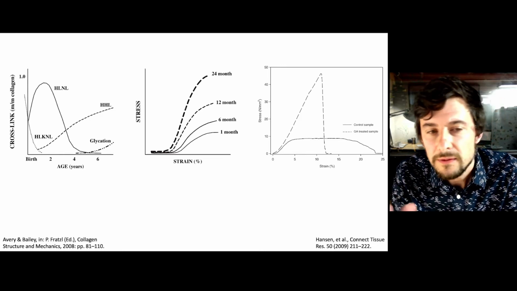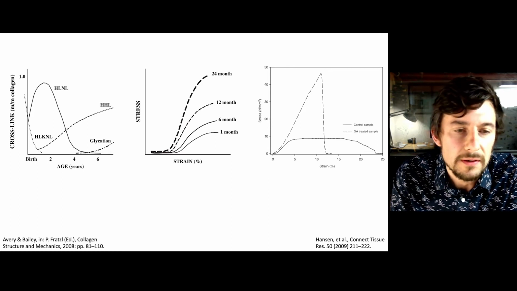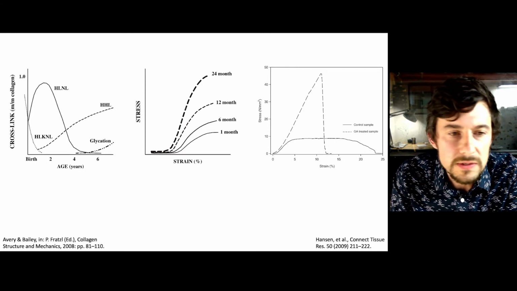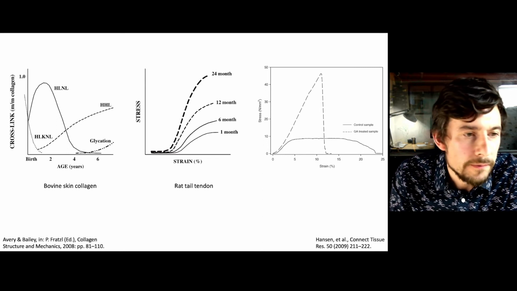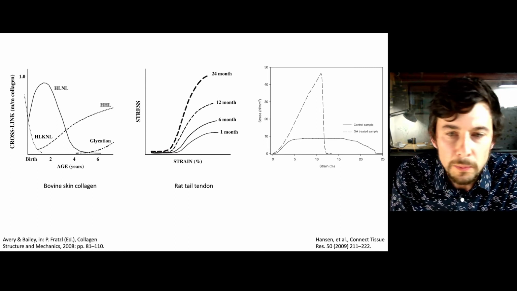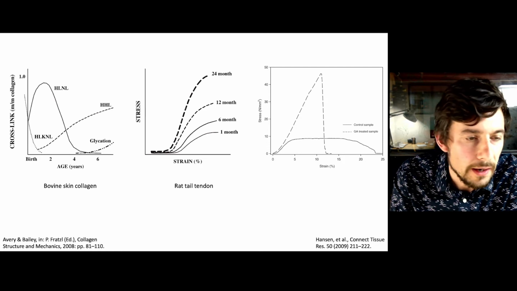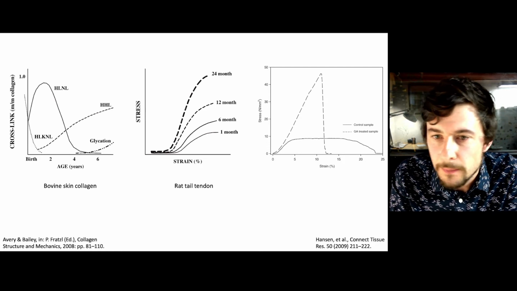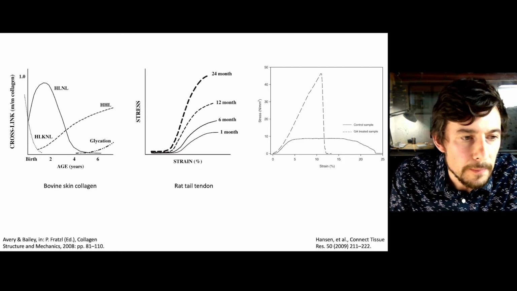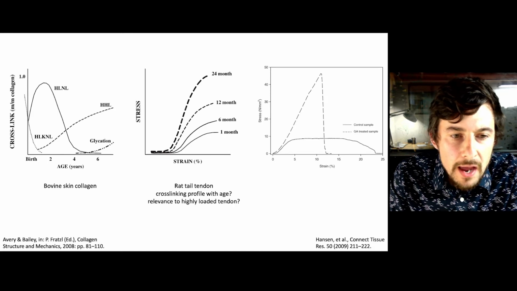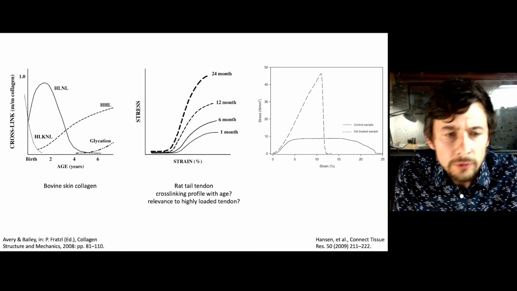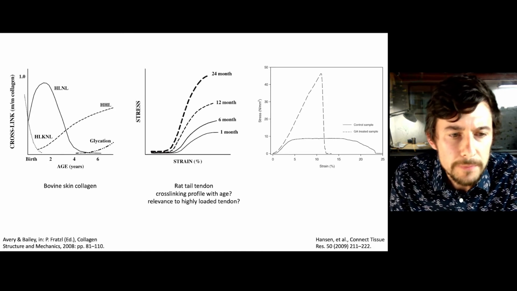However, when we consider all of these plots that are on the screen now, there are some issues that we should be aware of. First of all, for those of you who are familiar with those first two plots on the left and have read the caption in the corresponding paper, you will know that they're actually from different tissues. So bovine skin collagen and rat tail tendon. And so there's no direct correspondence between them.